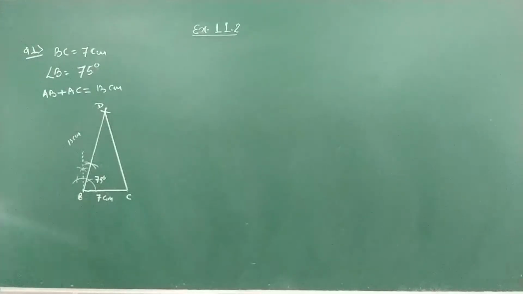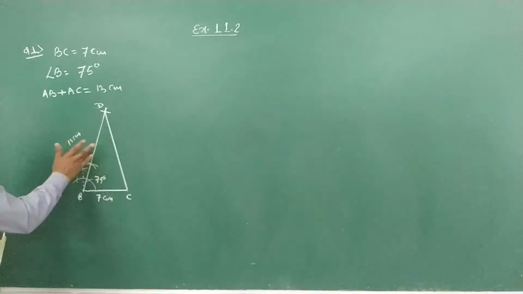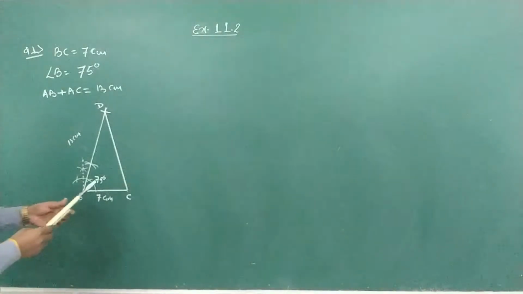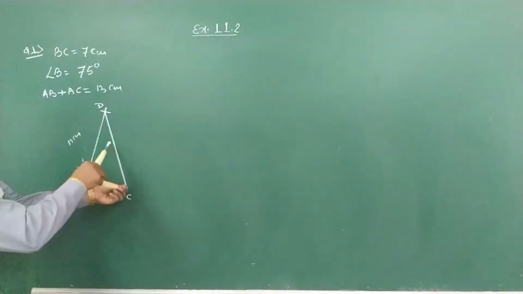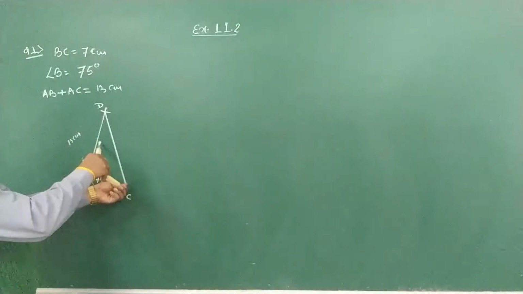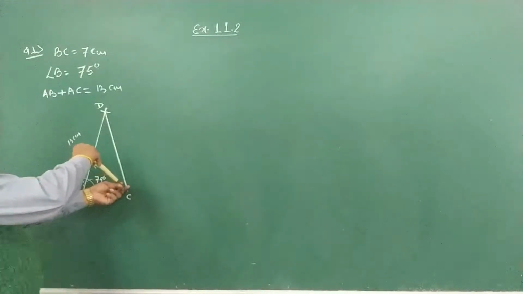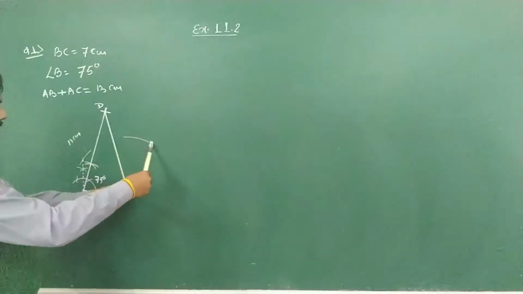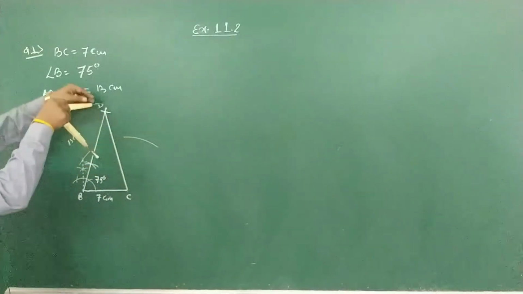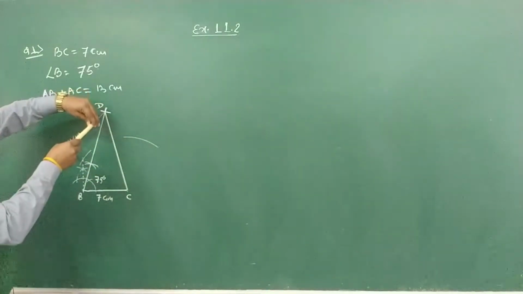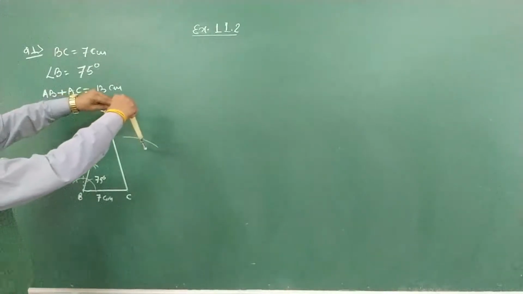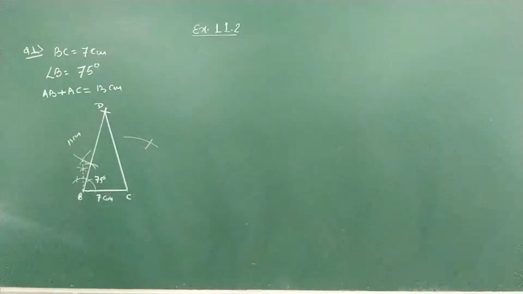Now the next step is, after joining CD, we draw a perpendicular bisector of CD. And do you know how to draw the perpendicular bisector? By opening the compass more than half. Draw the arc on both sides, and without changing the opening, draw the same arc from point D, where these arcs intersect.